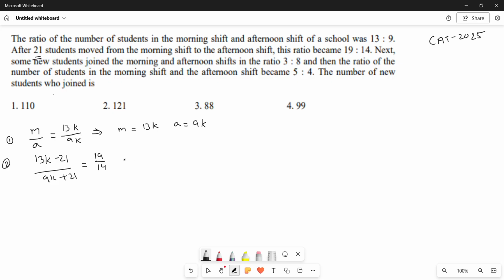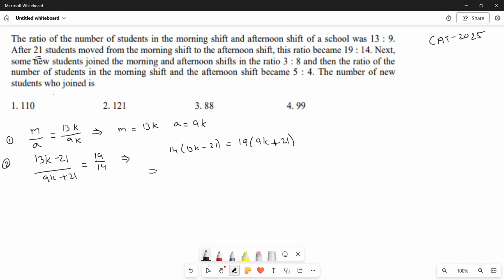So let's solve this piece first. Simplifying this, 14 into 13k minus 21 equal to 19 into 9k plus 21.